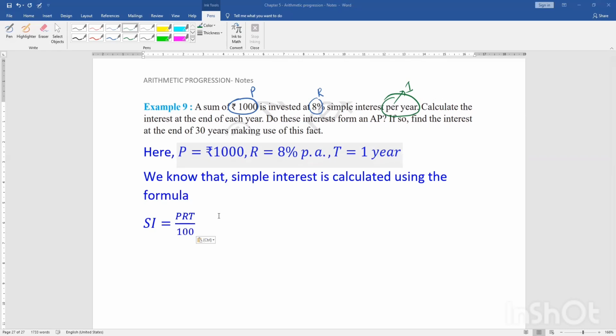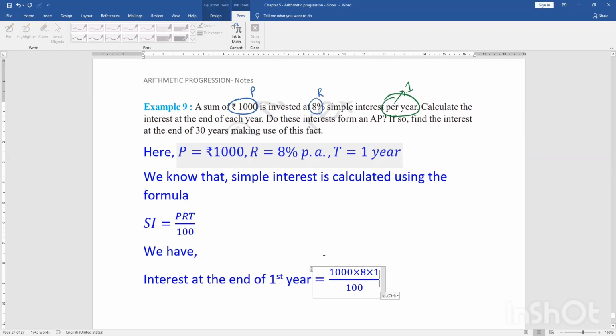So now I'm going to find out the interest at the end of the first year. So we have the interest at the end of the first year as 1000 into 8 into 1 by 100. So 0, 0 gets cancelled.